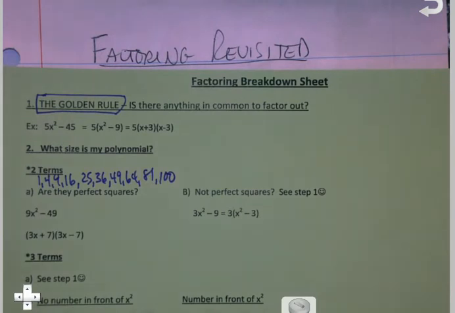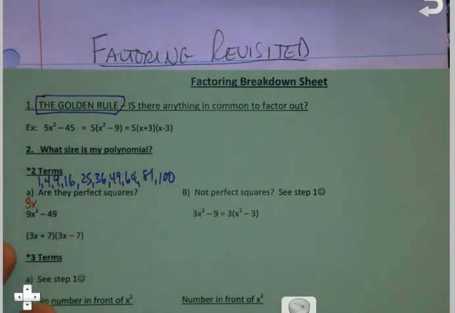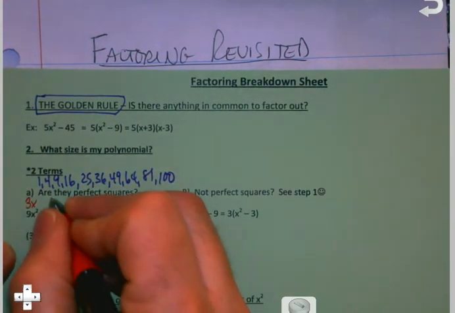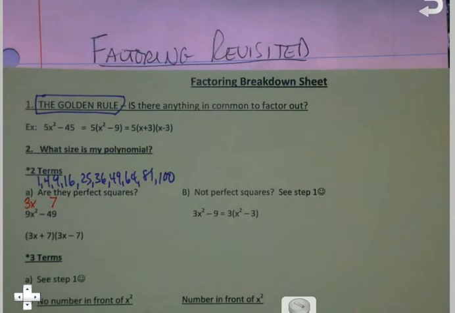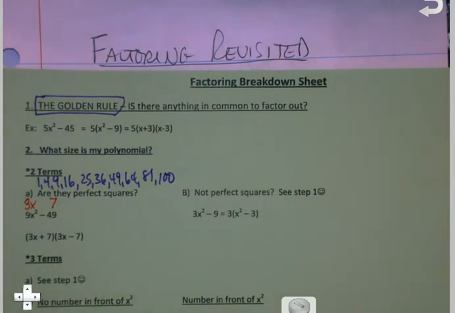Where I look and I say, okay, what do I square to get my first term? So like here, that'd be 3x. What do I square to get my second term? So for instance here, that would be 7. And then I just put the plus and minus in between them.